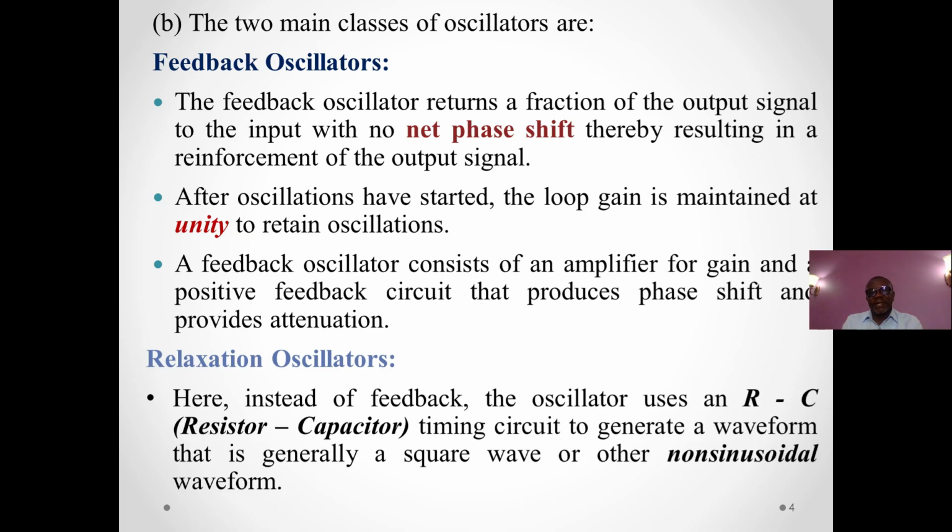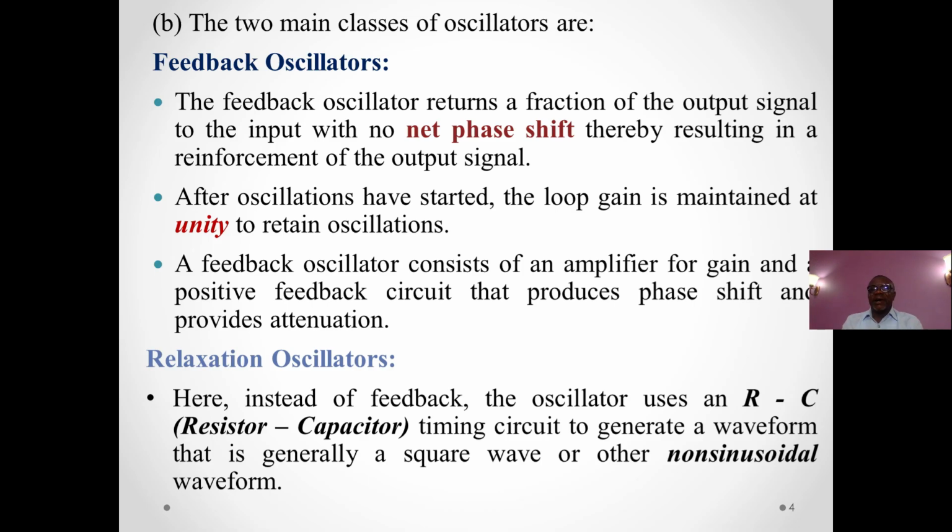Now, what we are saying here is that when this feedback comes, even if it is coming with a phase shift, then there will be an amplifier that will correct that phase shift. Now, we say that for oscillation to start and be sustained, the loop gain must be at unity.